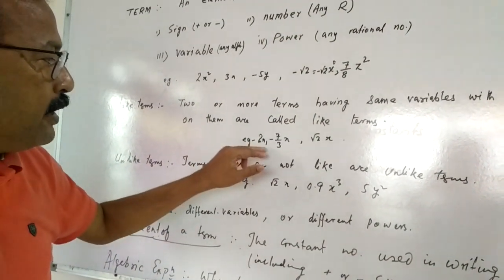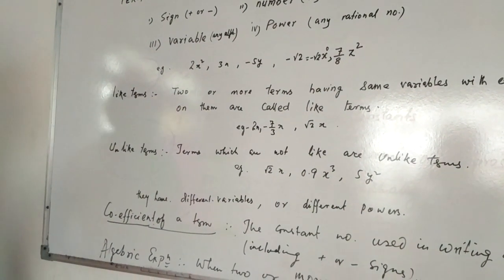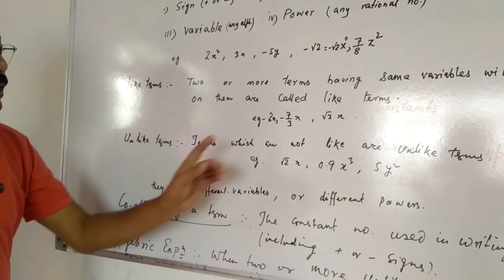Here in every term we have x as the variable, and the power of x is also 1 in each of the terms.